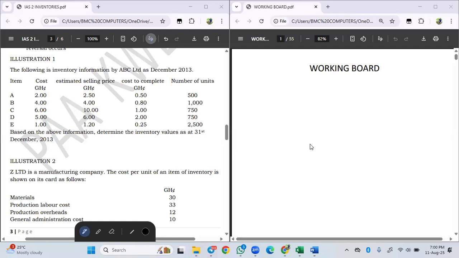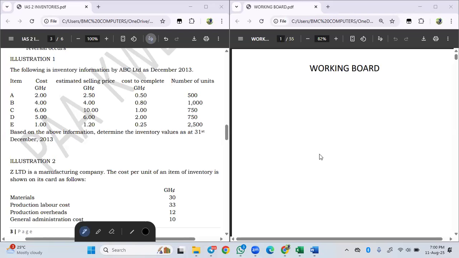So we have items A, B, C, D, and E. We have the cost, estimated selling price, cost to complete, and number of units. Based on the above information, determine the inventory values as at 31st December 2013. Okay. So we already know the measurement rule.